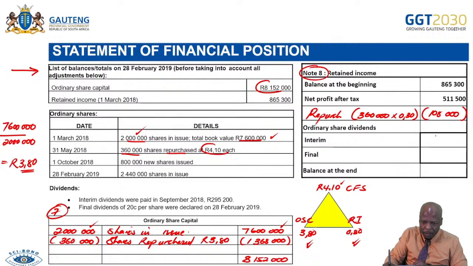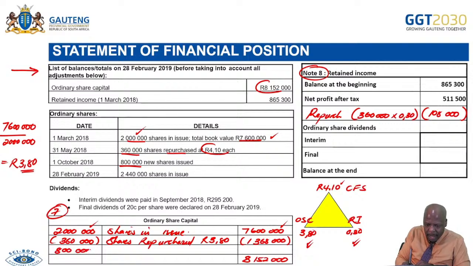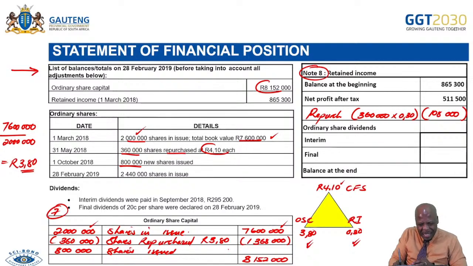Let's continue now. We're told that 800,000 new shares were issued. So I'll come here and I'll say 800,000 shares issued. Do I know the price? I don't know. Do I have to worry? Certainly not. Then I'll get my number of shares here at the bottom, which you were given, which is 2,440,000.